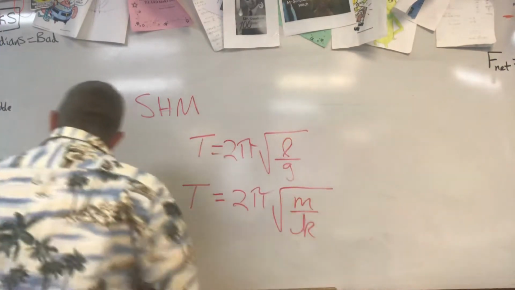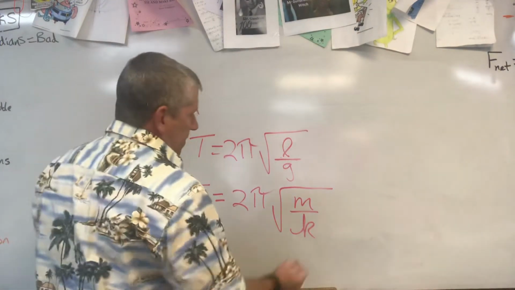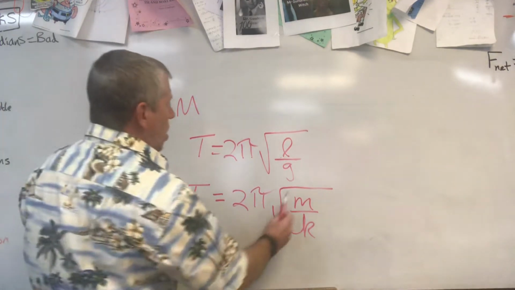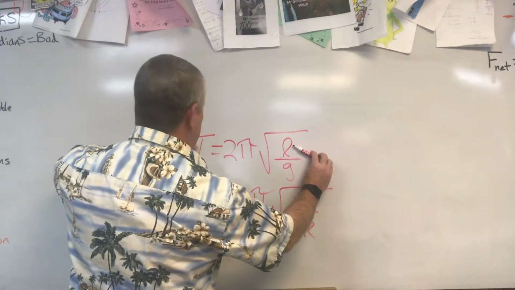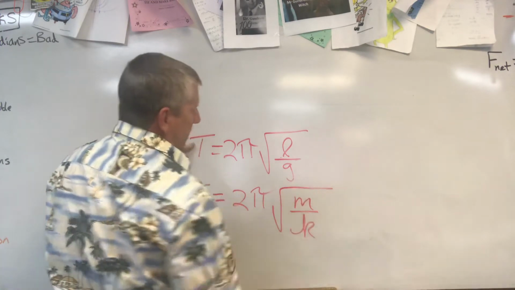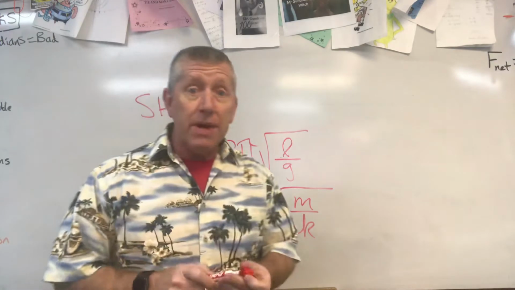So anyways, these are our two equations, and this is mass, this is the spring constant. Let's take a quick look at this. We know here that the length of a pendulum is going to have something to do with the time period of back and forth. And so is gravity.